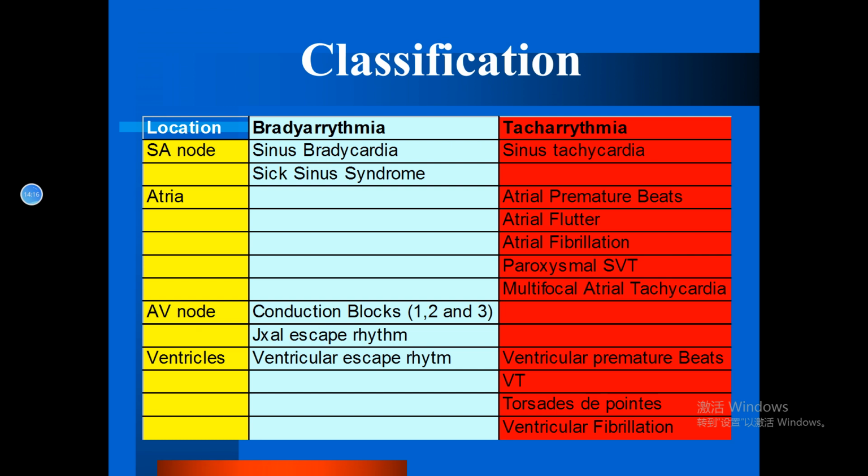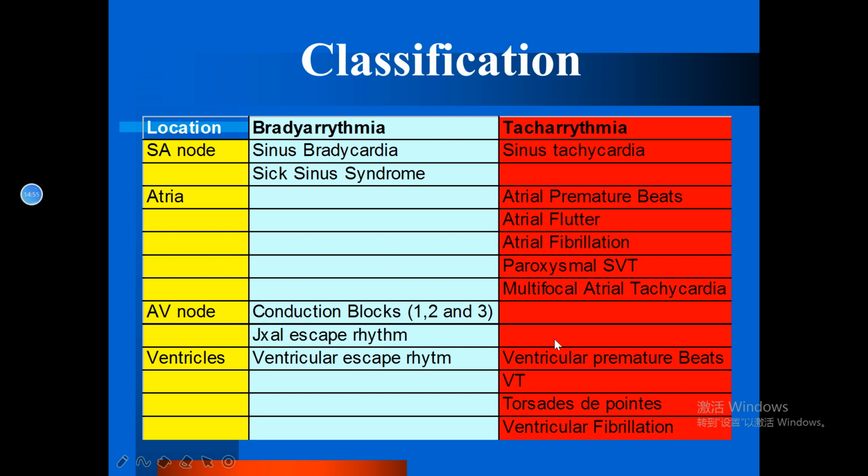It would produce a conduction block, including first degree, second degree, and even third degree conduction block. Do you get it? Okay. So if a bradycardia comes from the ventricle, we call it a ventricular escape rhythm. And most of the time, if there is tachycardia coming from the ventricle, it is a ventricular tachycardia and even ventricular fibrillation, right?